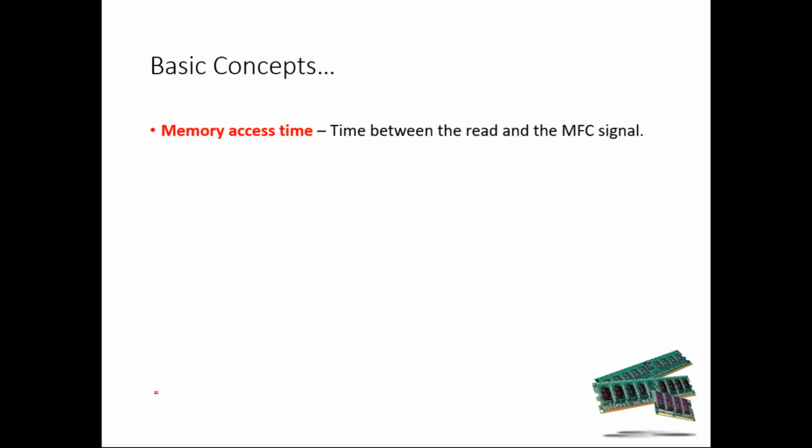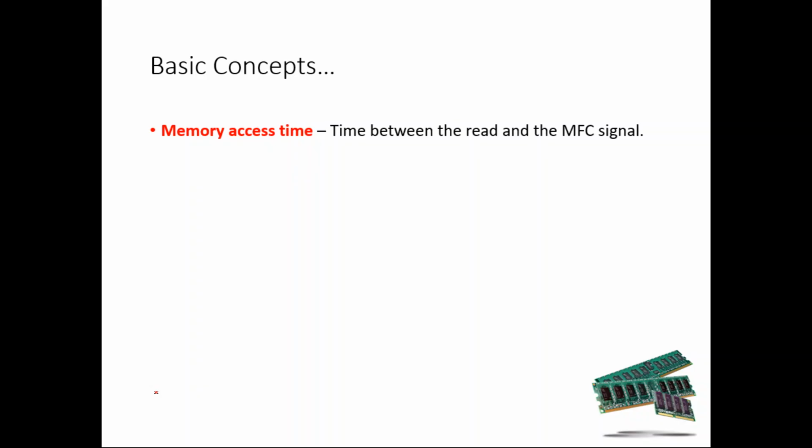Now let us try to understand some basic terminologies related to memory. Memory access time is the time between the read and the MFC signal. It is the time between when you create the read and when you receive the MFC signal. MFC says that the data is available in the data bus and the processor can take the data.